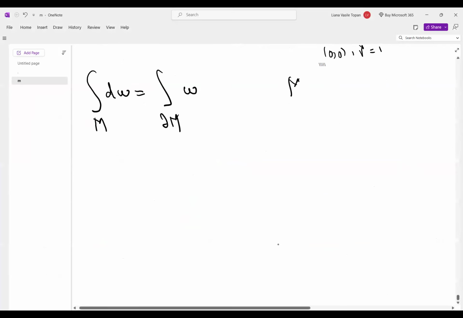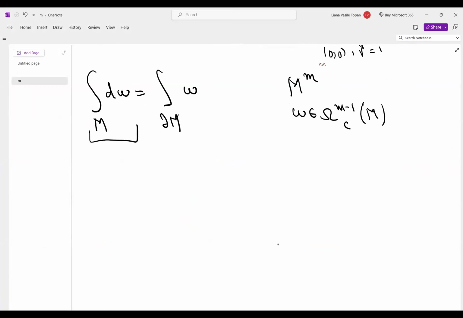Now, M is an n-dimensional manifold, which means that d omega must be an n-form. So omega itself will be an n-1 form on M, compactly supported.